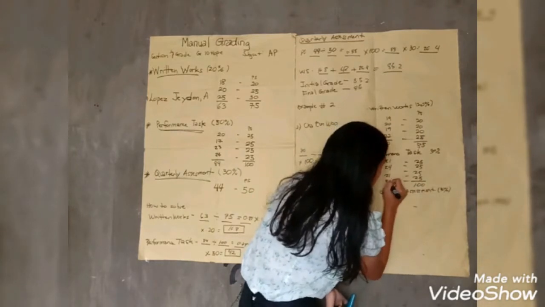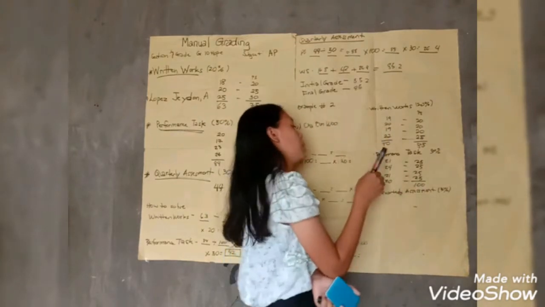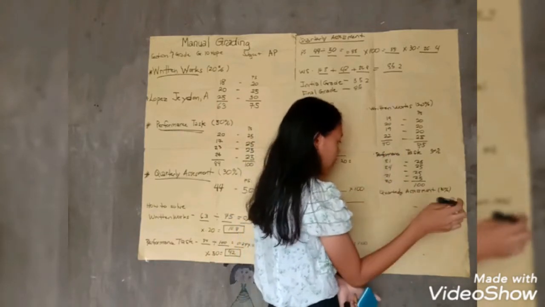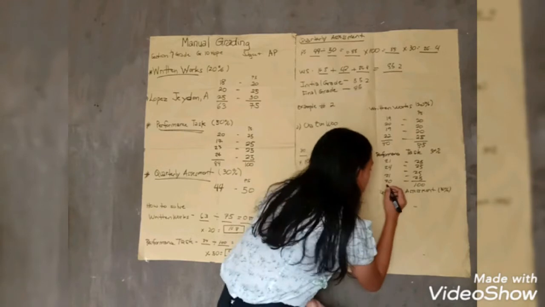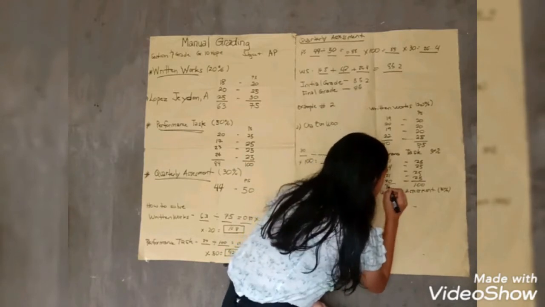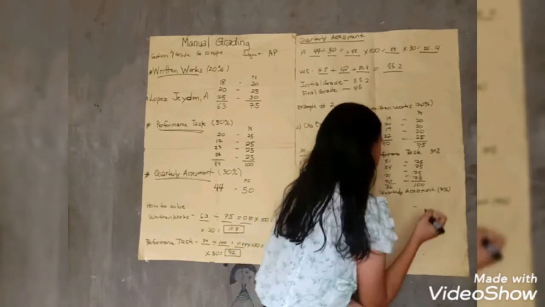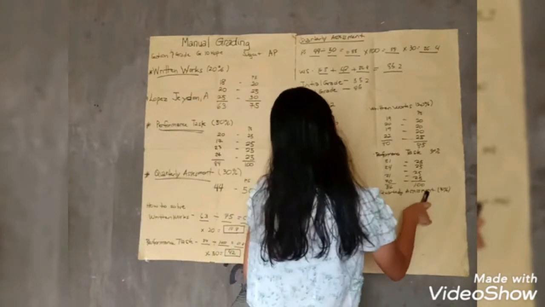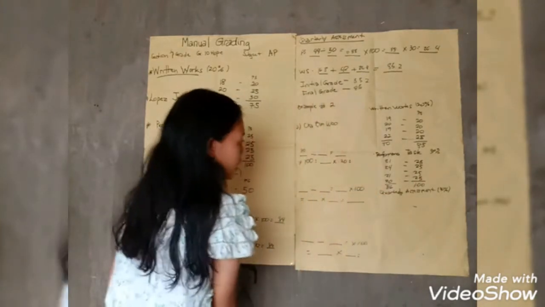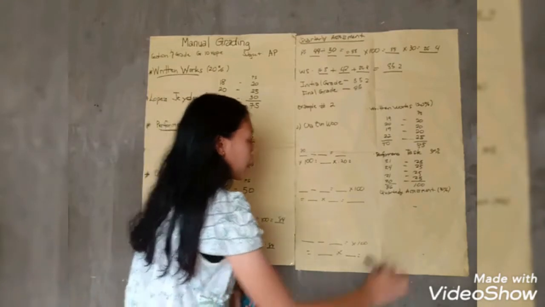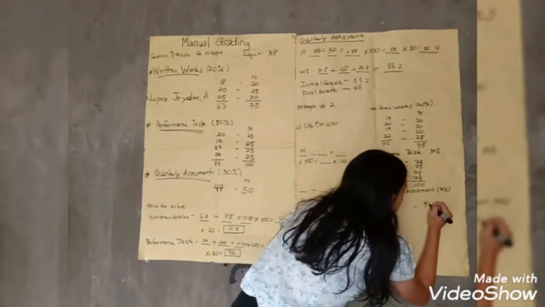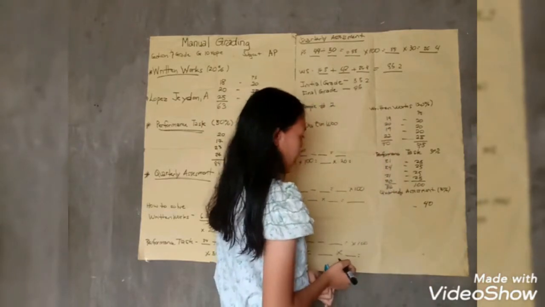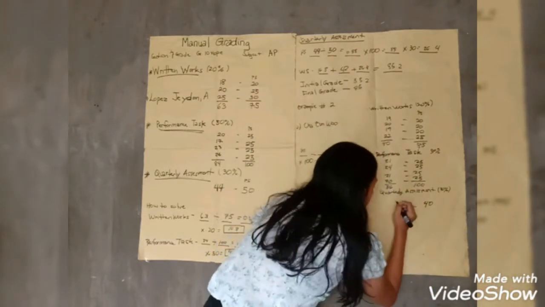And fourth, 20. So 21 plus 24 plus 21 plus 20 equals 86. So he got 86 out of 100. And for the quarterly assessment, the highest possible score is 40. So he got 35.